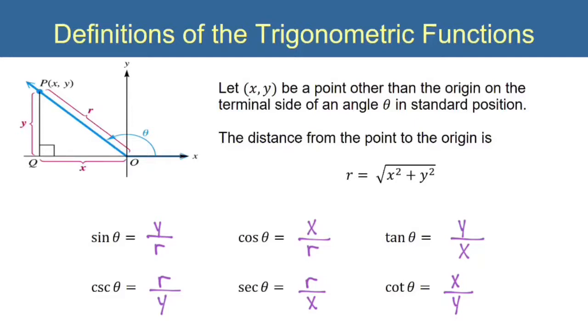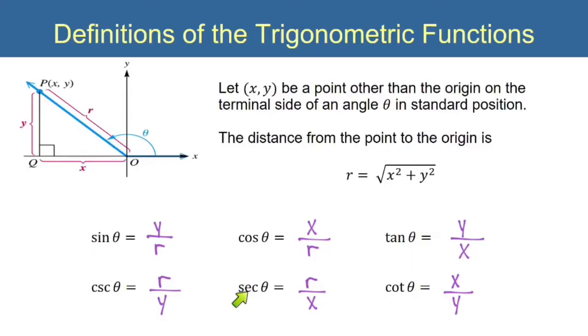So now you can probably see why I kept them in this order. Sine, cosine, and tangent have their three definitions that are taken right from the triangle. These other three functions are reciprocals of the first three. So sine and cosecant are reciprocals of each other. Notice sine is y over r, cosecant is r over y.